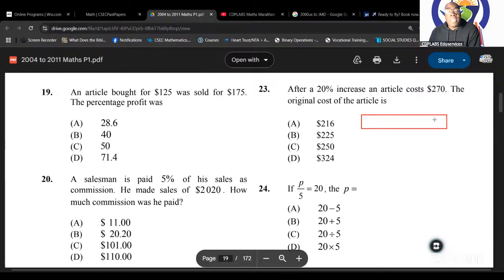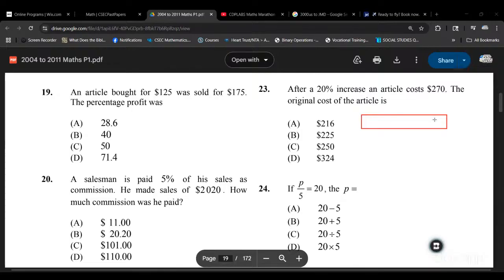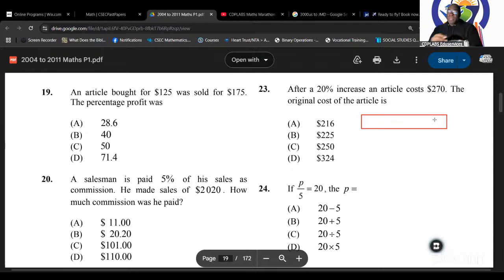If each block's value is 20%, then I would have to divide it into 5 different 20%. Make sense? Yes, sir. Good.